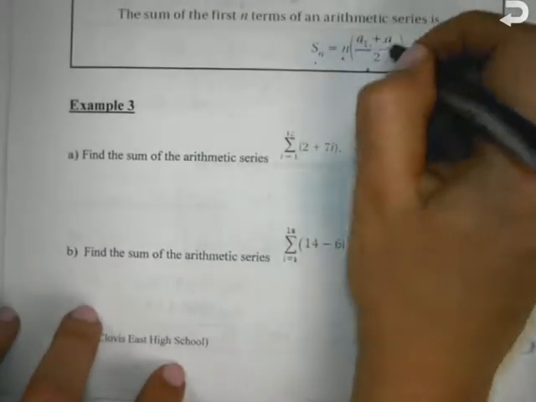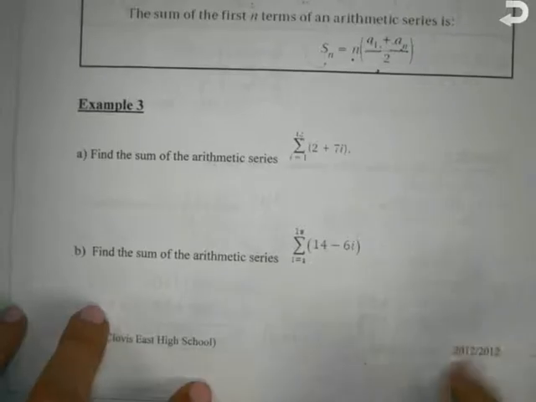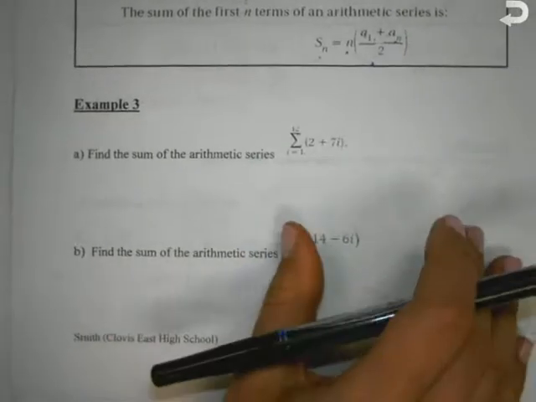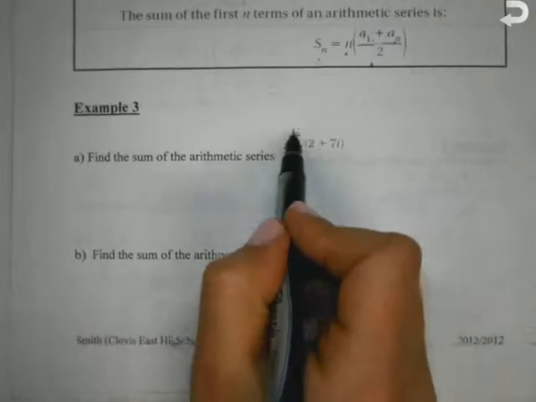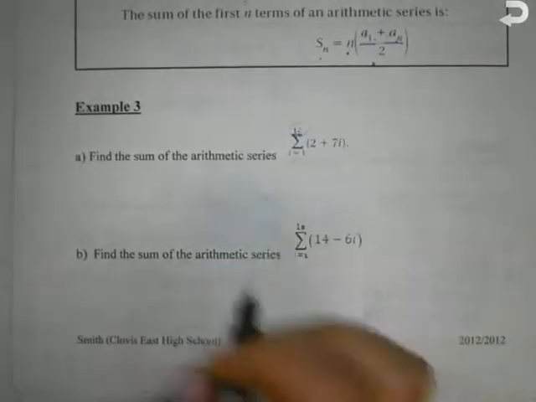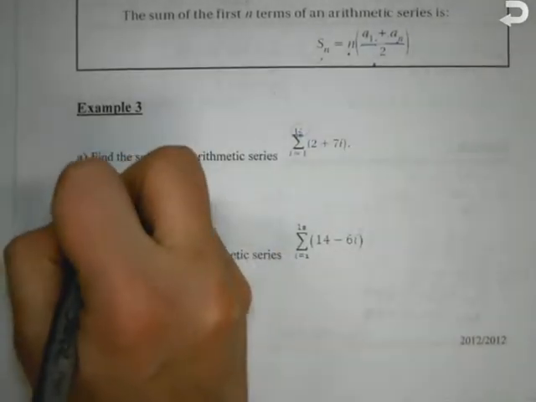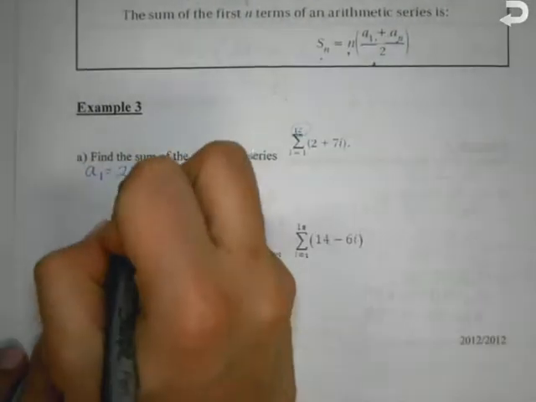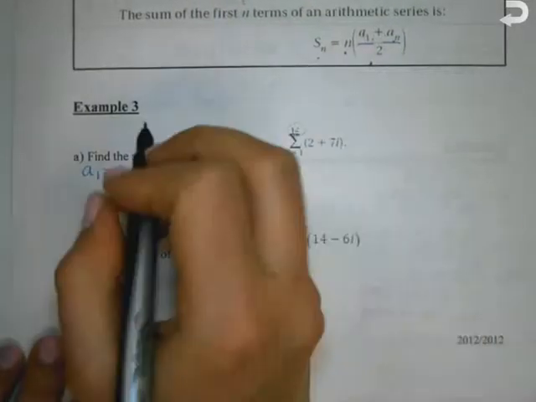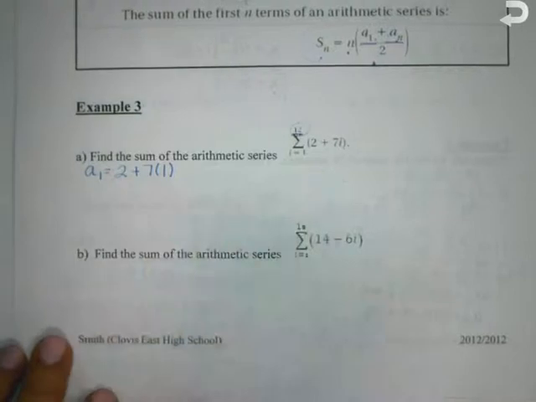How many terms am I adding together? 12 of them. So we need to find out what a sub 1 is equal to by plugging it into here: 2 + 7 times 1. And we also need to figure out what a sub 12 is: 2 + 7 times 12.